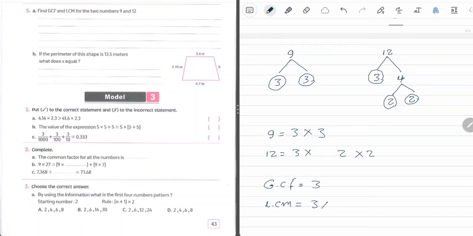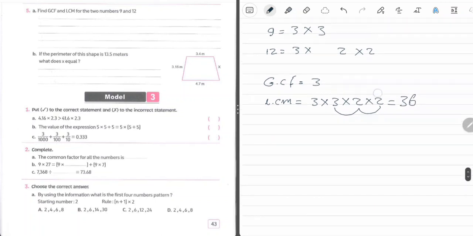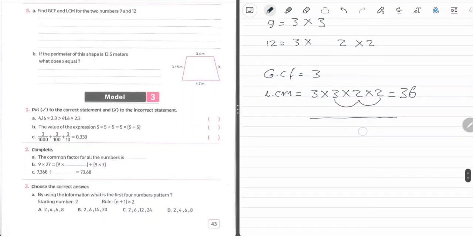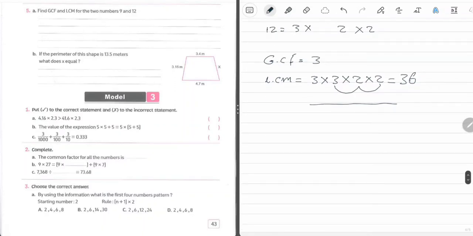It will be 3 times, and the other 3, repeated or not repeated, you will mention 3, 2, and 2. So your answer, 2 by 2 is 4, 4 by 3 is 12, 12 by 3 is 36. So LCM will be 36 and GCF will be 3. Let's move to B.